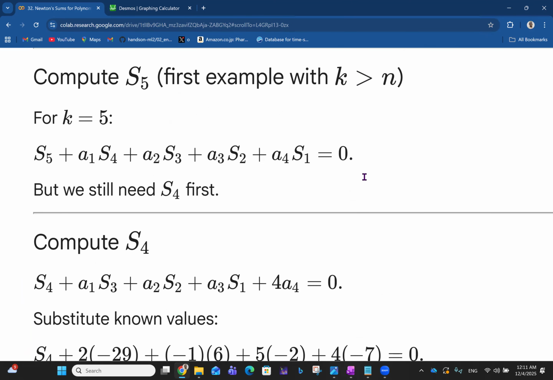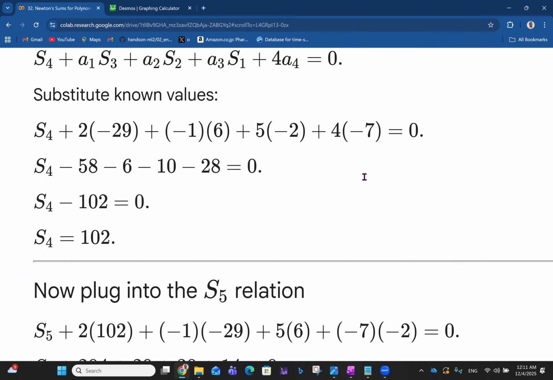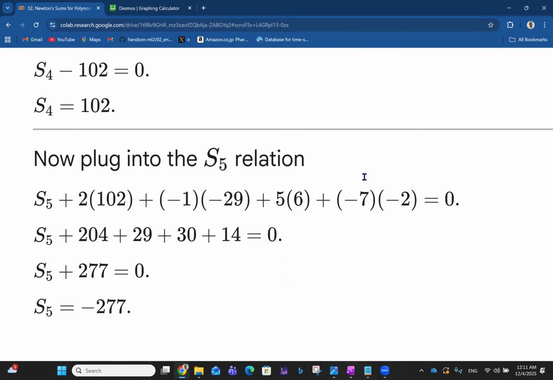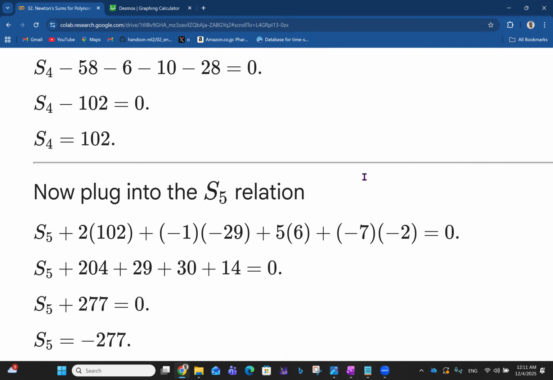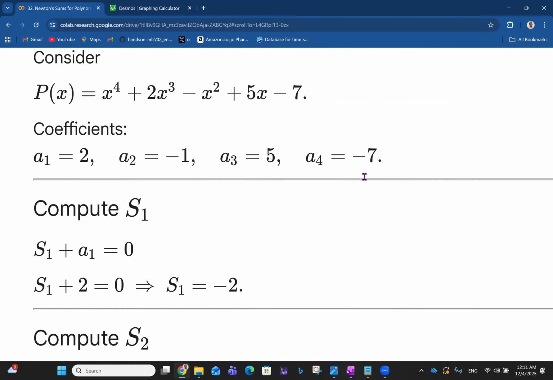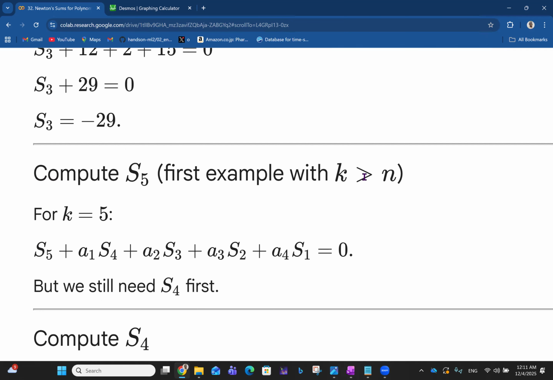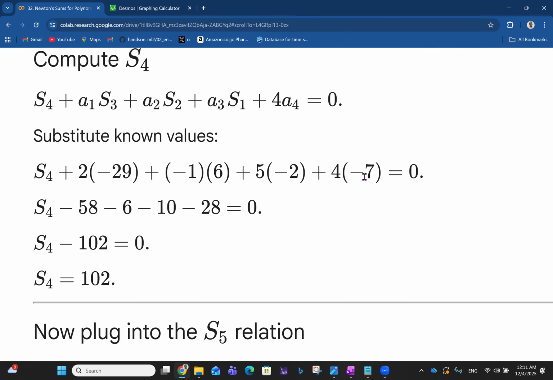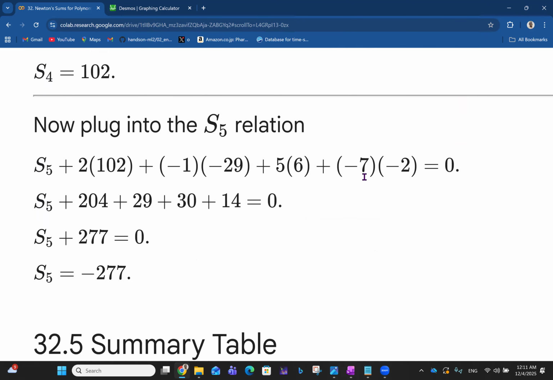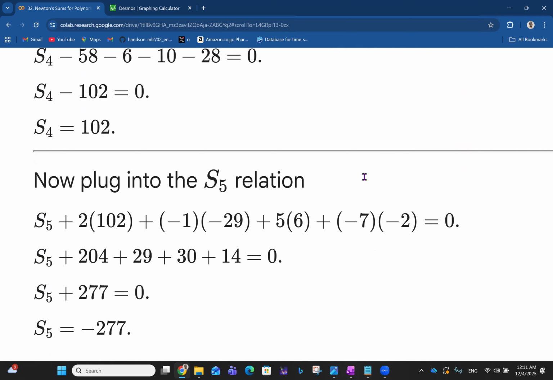But it doesn't mean that you cannot compute the R raised to power 5, R1 raised to power 5 plus R2 raised to power 5, up to R5 raised to power 5. For a quartic it should be R1, R2, R3, R4. In as much as we don't have A5, you can still go ahead and do R1 raised to power 5 plus R2 raised to power 5 plus R3 raised to power 5 plus R4 raised to power 5.